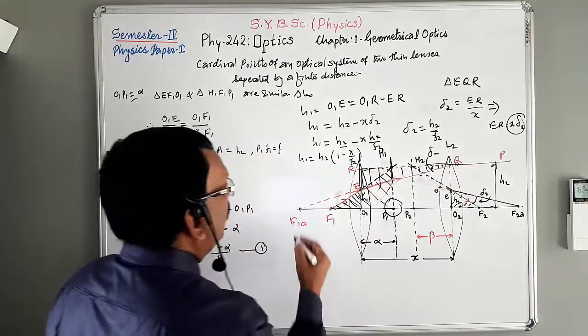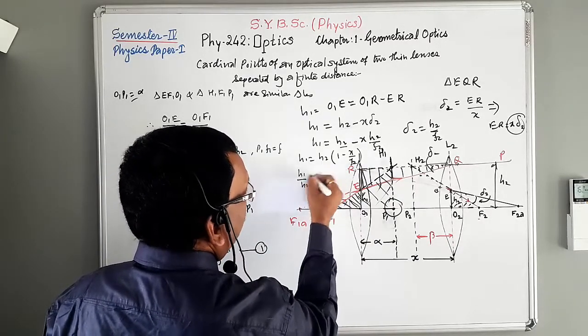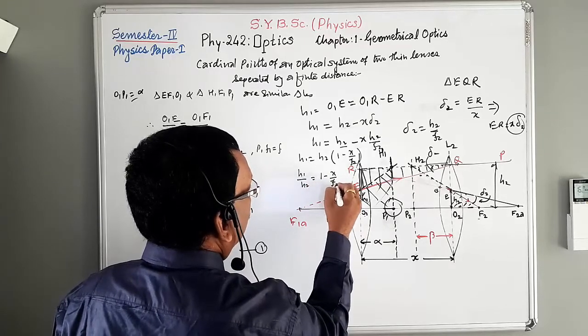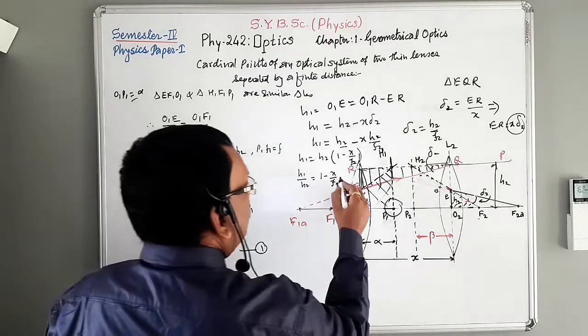Again from this equation, taking h2 to the other side, h1 upon h2 is equal to 1 minus x upon f2. Suppose this is equation 2.